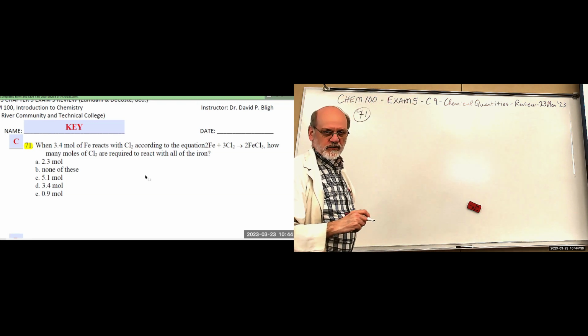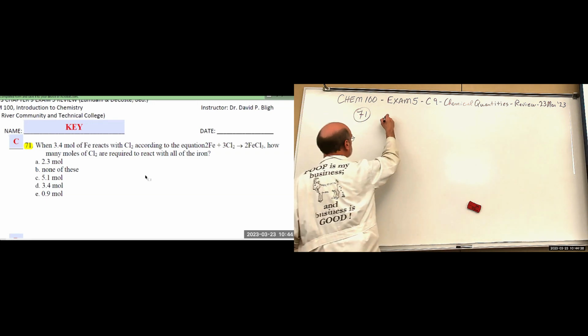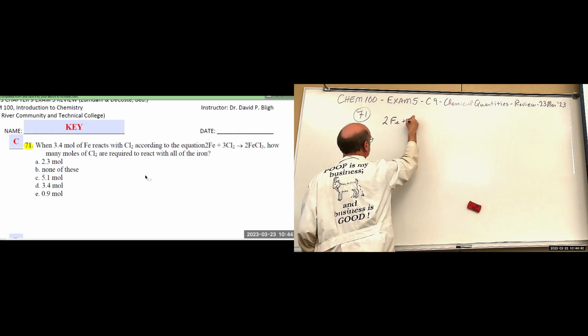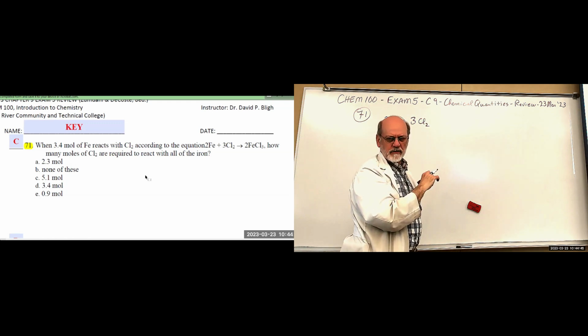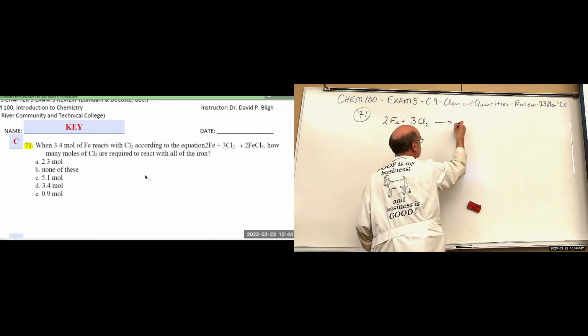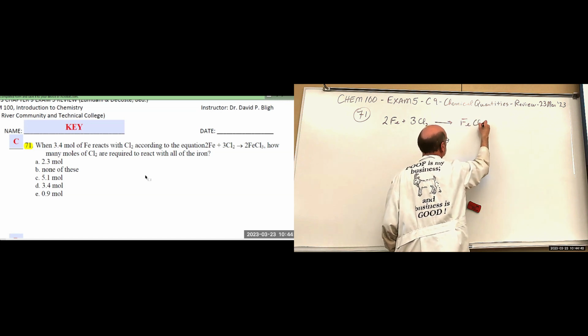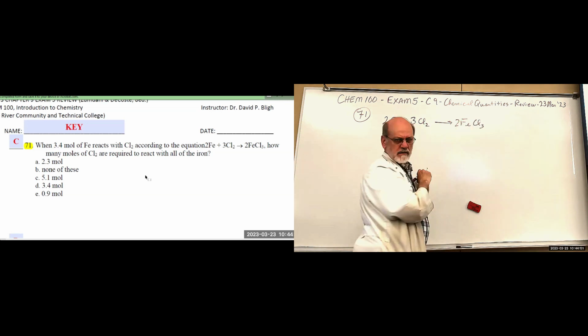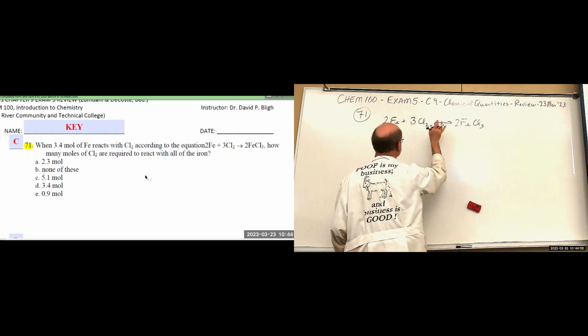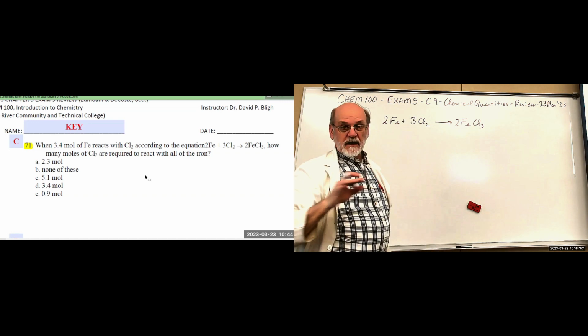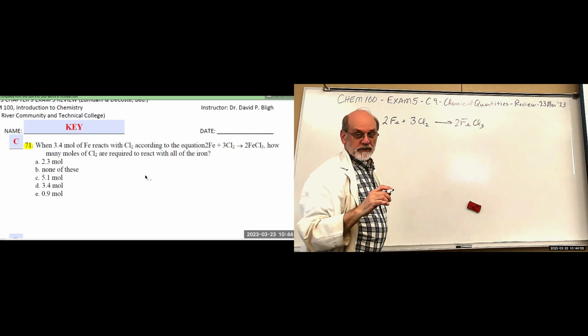Okay, so 2Fe and 3Cl2, excuse me, not ClO, Cl2. And then it produces 2 of those. Yep. Okay, so 6 of those, 6 and 2. Okay, that's balanced.